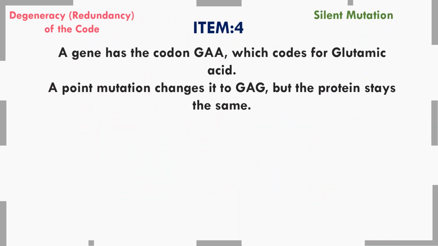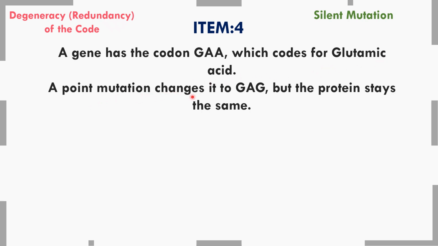Let us now look at degeneracy, or redundancy of the code. We are exploring the silent mutation. Item 4. A gene has a codon GAA, which codes for glutamic acid.